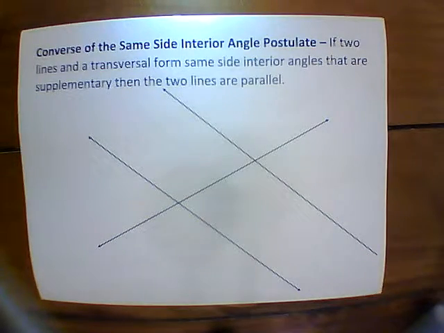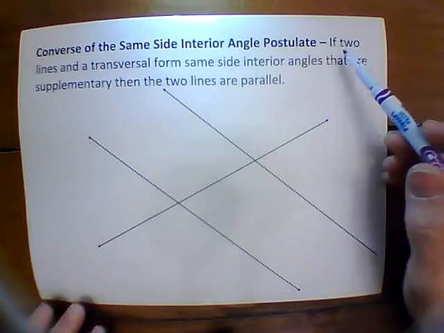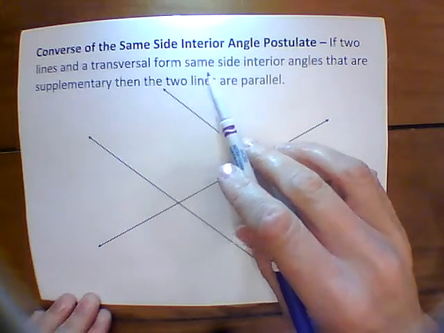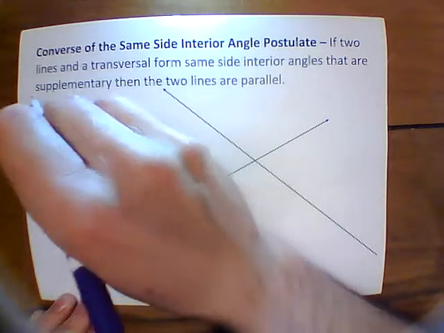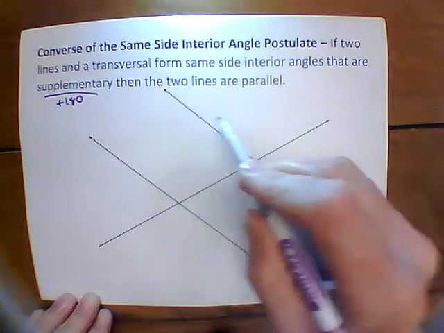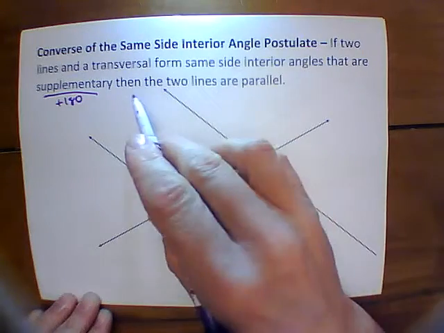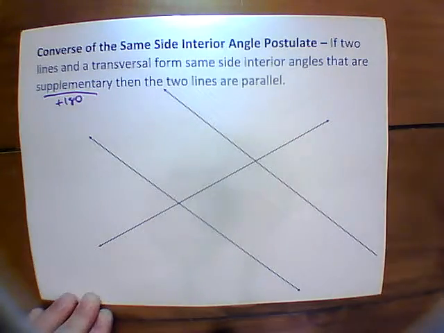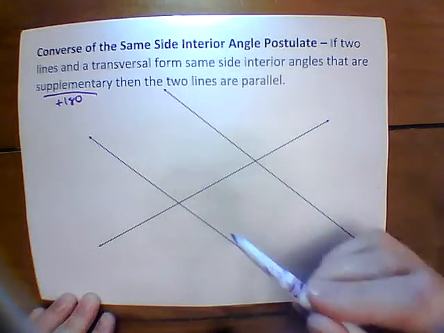What this converse tells us is if two lines and a transversal form same side interior angles that are supplementary, meaning they add to 180, then the two lines are parallel. So you'll see that our conclusion here was the hypothesis of our original postulate and theorems. So we're trying to prove these lines are parallel.